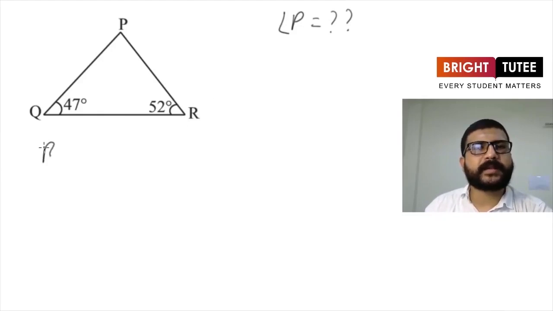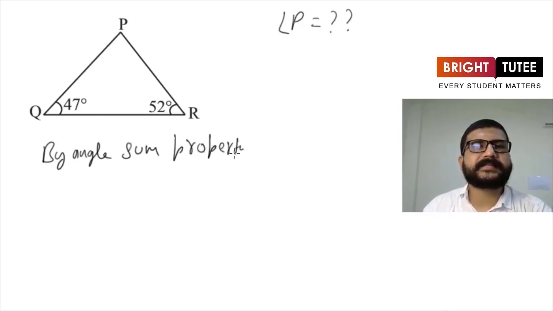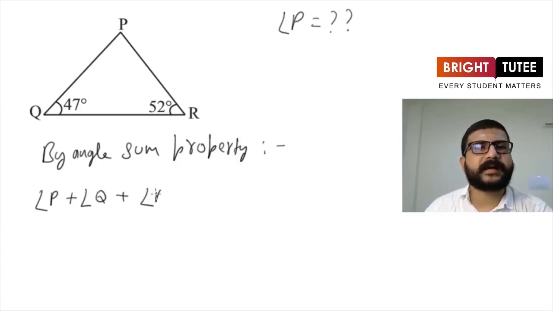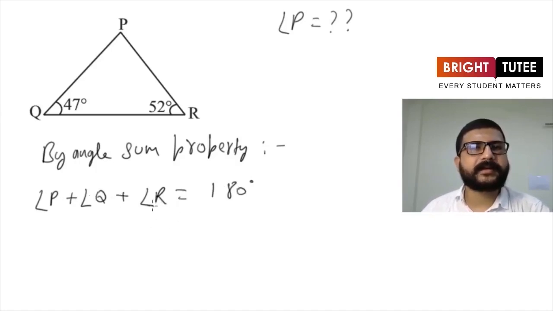So by angle sum property, what we can get? We can get that the sum of all the angles is equal to 180 degrees. So here angle P plus angle Q plus angle R is equal to 180 degrees. Now angle Q and angle R, these are already known to us.